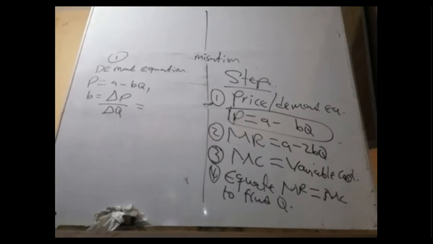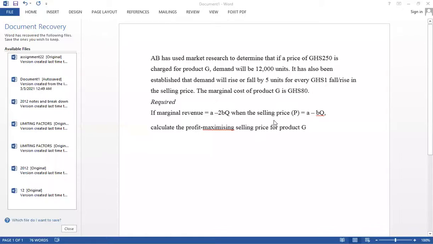So let's go to the question and pick the changes. They are saying that if the price increases or decreases by 1 Ghana cedi, the demand will also change by 5. So therefore it will be 1 out of 5.